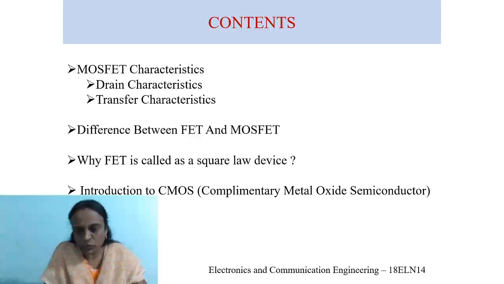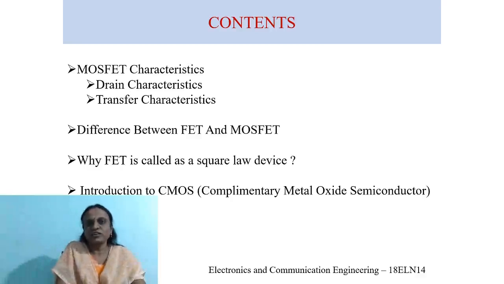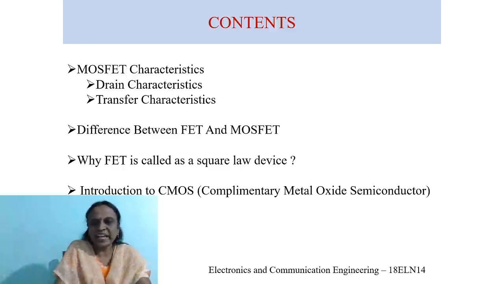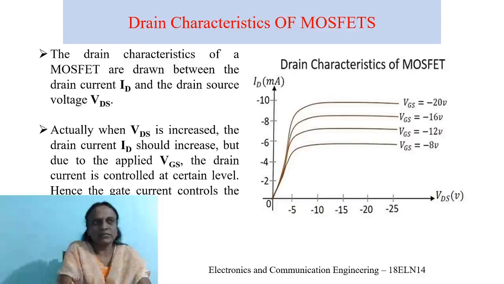One of the important questions that arises in the mind is why FET is called a square law device. Later on, knowing the features of JFET and MOSFET, we'll be moving on to CMOS, that is, we'll discuss the introduction to CMOS, the complementary metal oxide semiconductor.